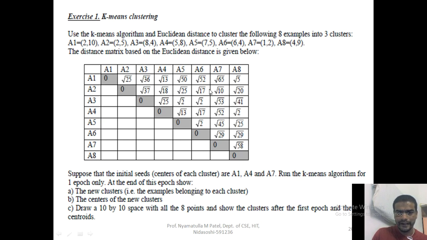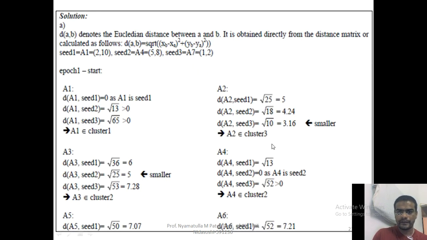A2 to A7 is root of 10, that is 3.16. What is the smallest value? 3.16. So A2 belongs to cluster number 3.